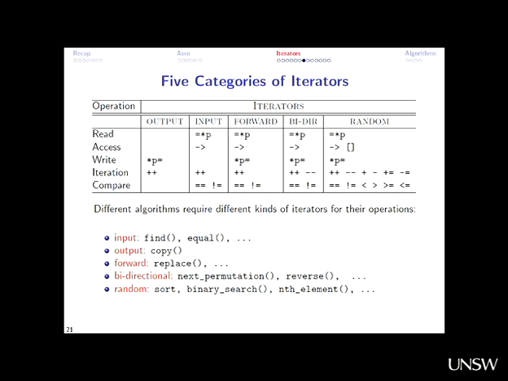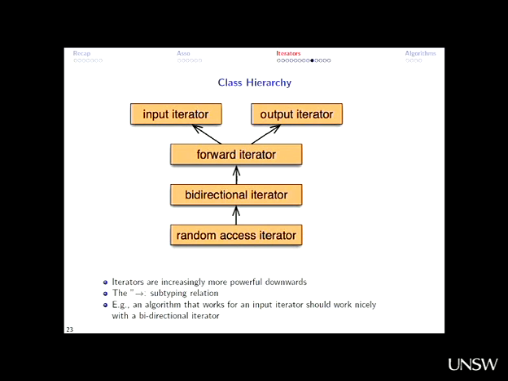So we have 5 categories of iterators. We have output, input, forward, bidirectional, and random iterators. And hopefully on the next slide, I'm going to come back to the slide, no, there it is. These things are hierarchical.